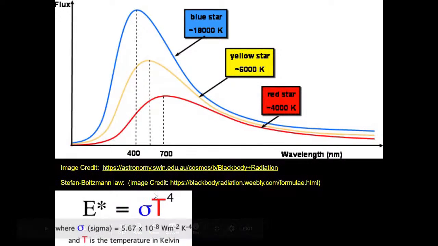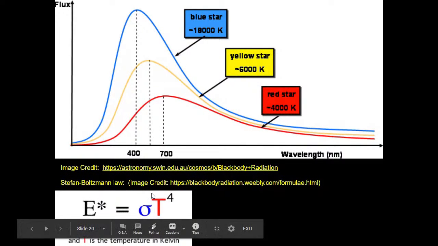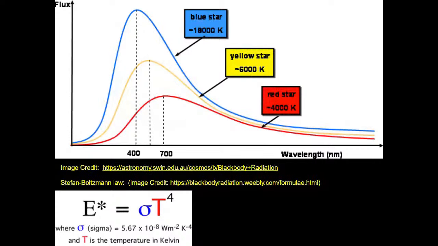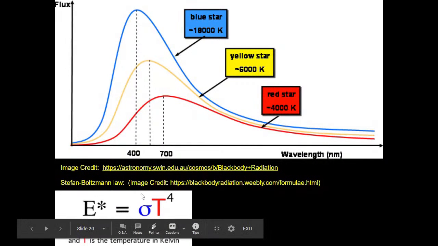All right. So the energy radiated by a black body per unit area per unit time is given by this Stefan-Boltzmann law, which is sigma multiplied by the fourth power of the temperature of the black body.